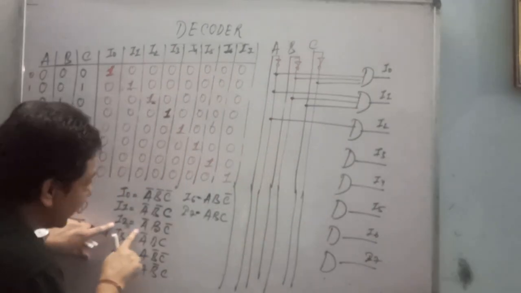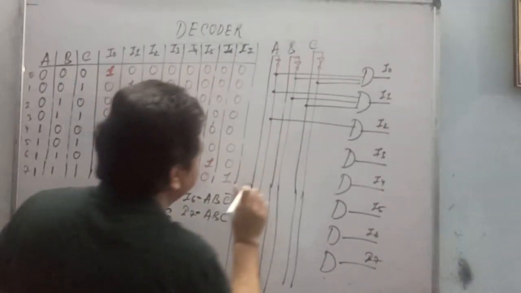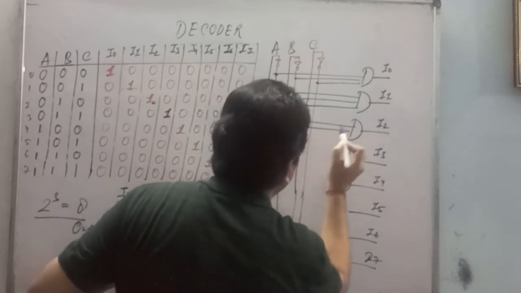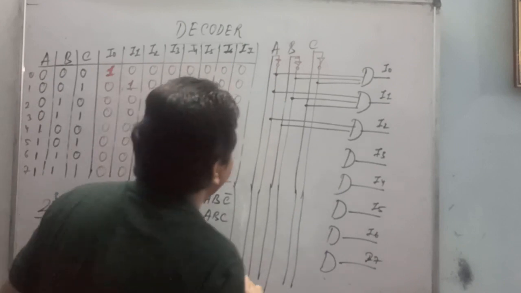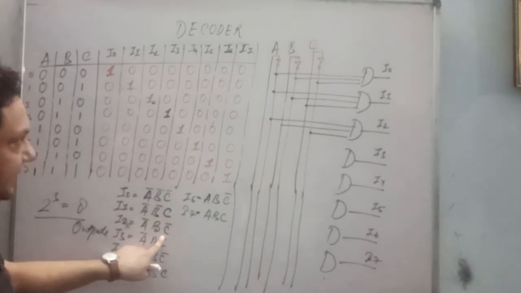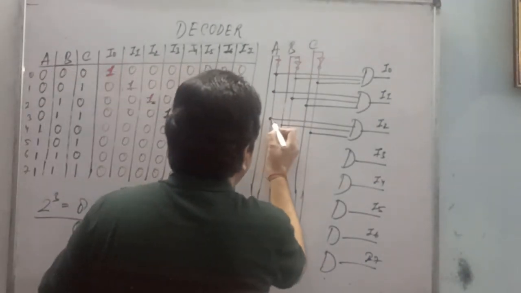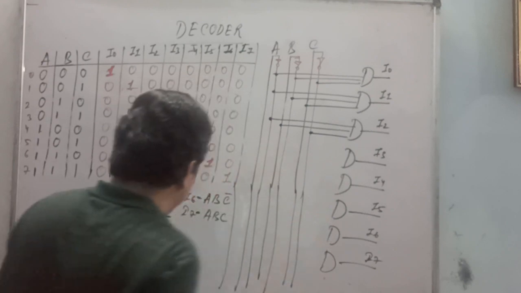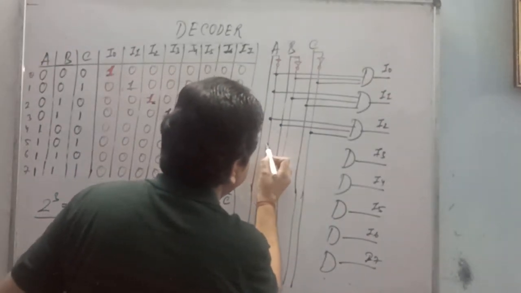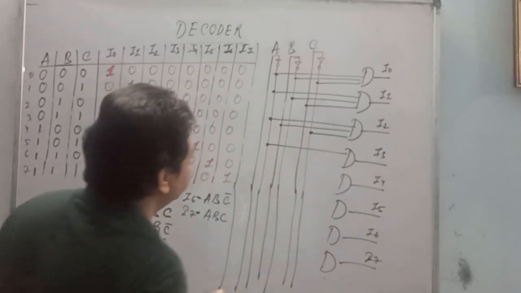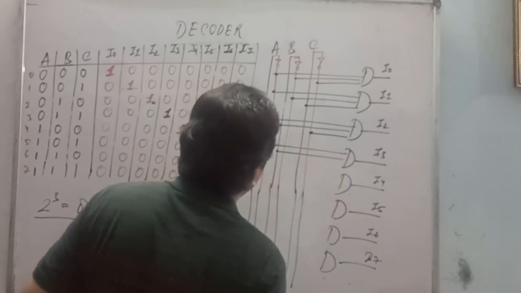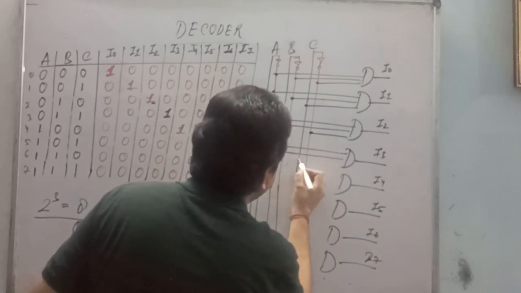B means black line because no complement is there. C bar means red line, complement line, NOT gate. I3, A complement, A bar. Bar means not line. BC, B is direct line and C means direct line.